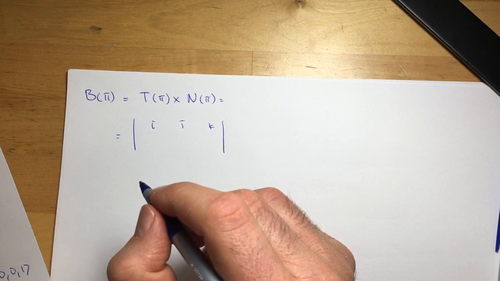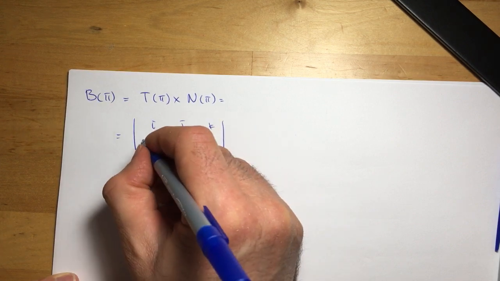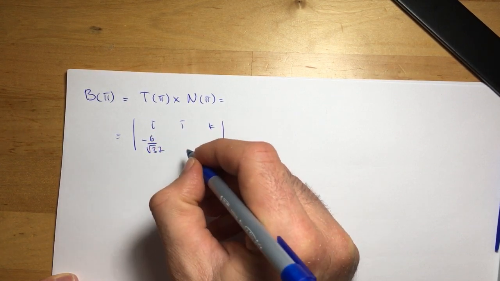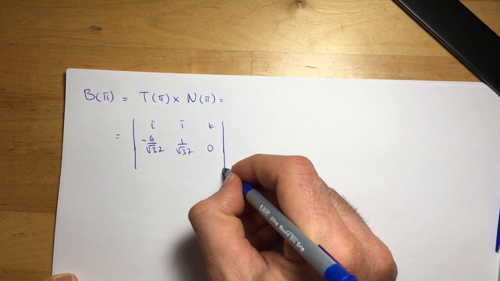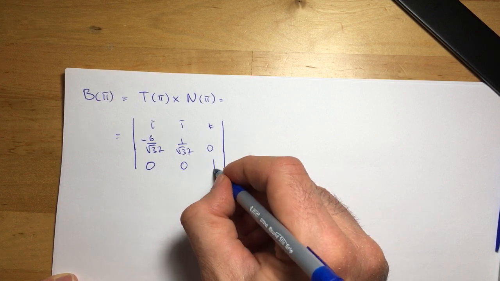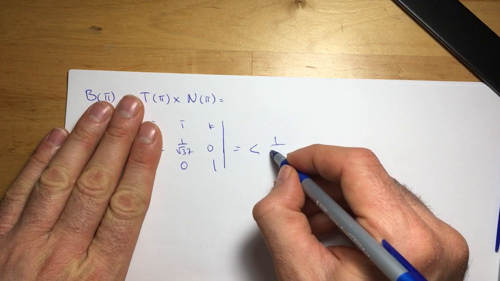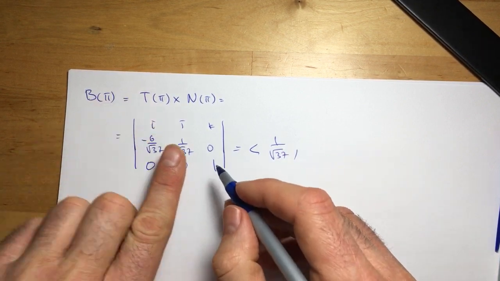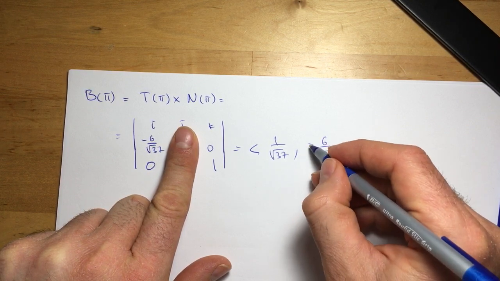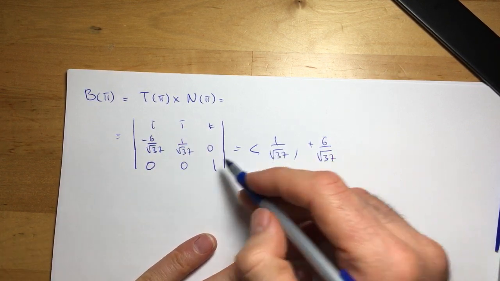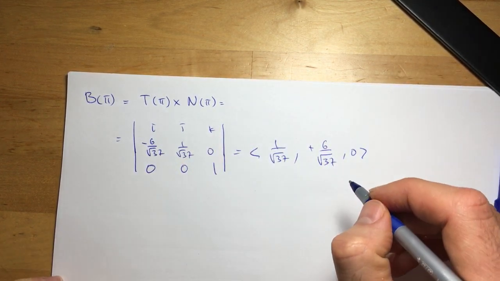We evaluated that as negative 6 over square root of 37, 1 over square root of 37, and 0, and the normal vector was 0, 0, 1. So the binormal vector is 1 over square root of 37, negative 6 over square root of 37 times negative 1 is positive 6, and then the last one is this cross product here, which is 0.